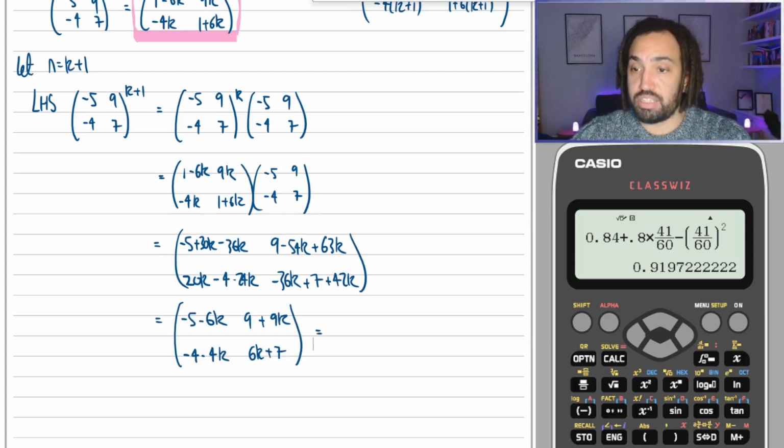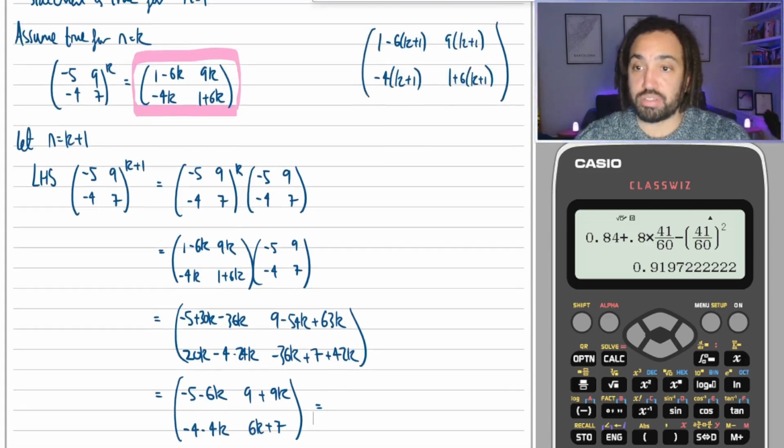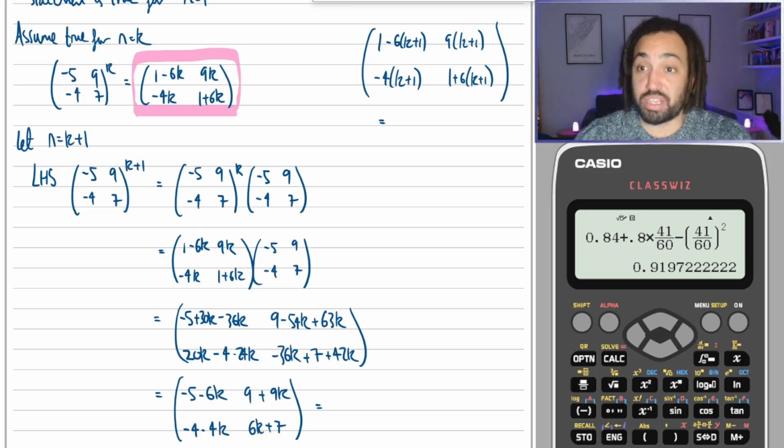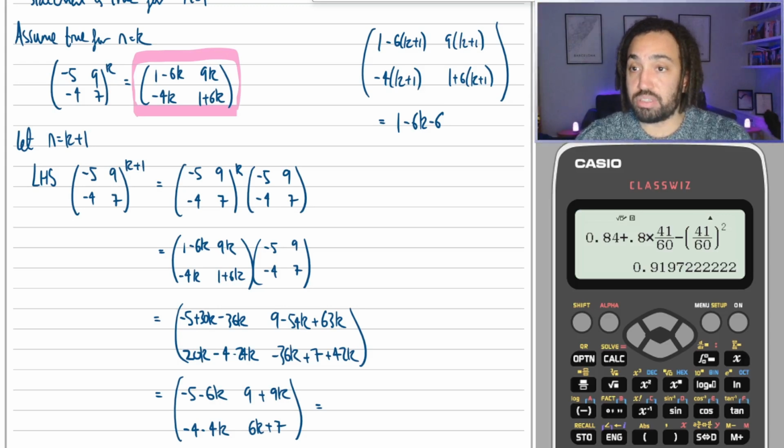Okay, so I need to write this now in terms of k plus 1. So I'm going to look over here and I'm going to check to see if this works out. And maybe what I'll do is I'll expand these just to see if they match up with these. And if they do, I can say that it's equal to that. So that's going to be 1 minus 6k minus 6, which is the same as minus 5 minus 6k, so that one's good.